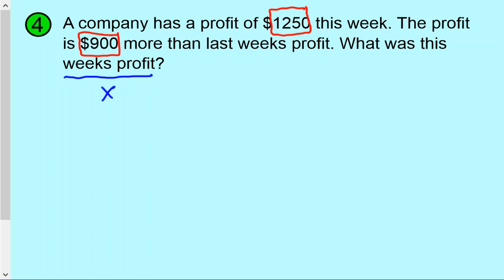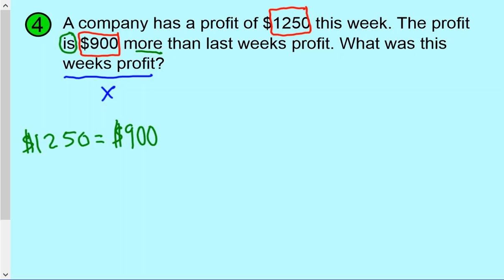So I'm going to start with the $1,250, and then I'm going to move to this sentence where it says the profit is. So remember, is our equal sign. Okay, so I'm going to put $1,250 is, and then we have $900.